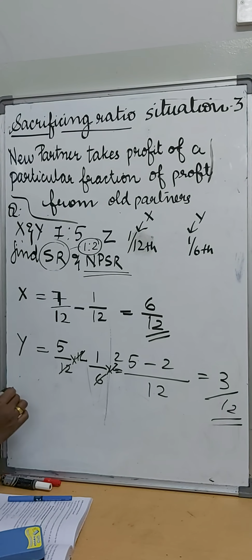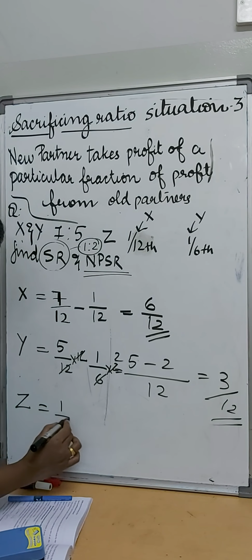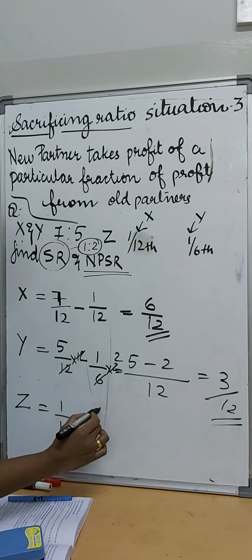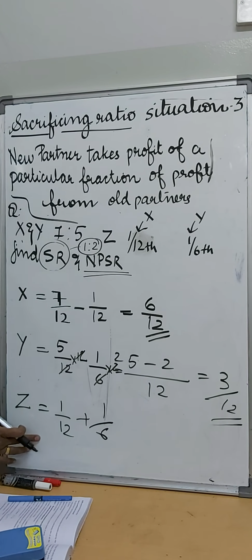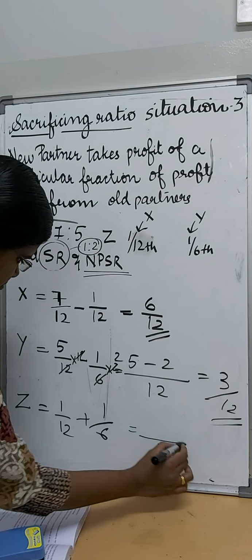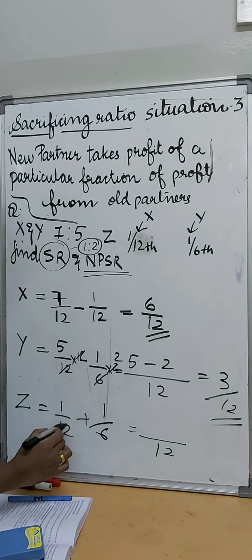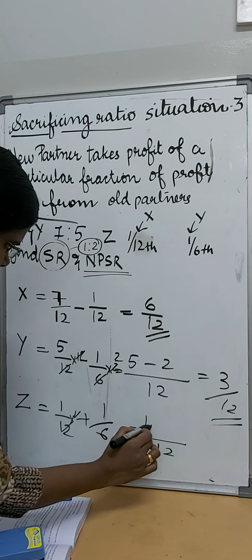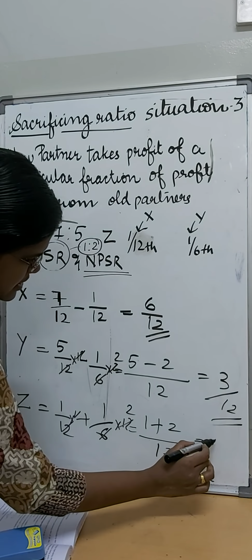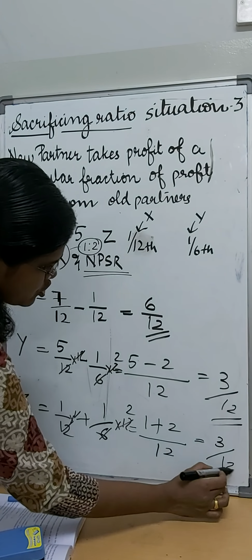And what is the new profit sharing ratio of Z? Z acquired 1/12 from X and 1/6 from Y. So 1/12 plus 1/6. I should take the LCM here. 1 plus 2, that is 3/12.